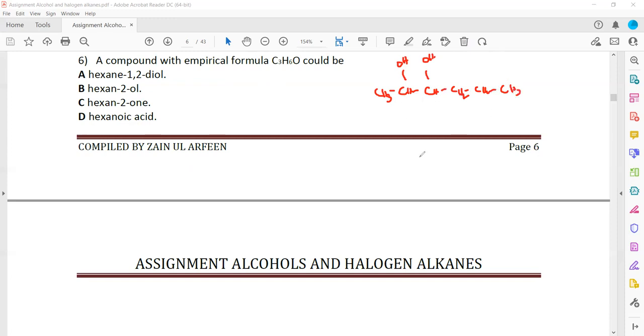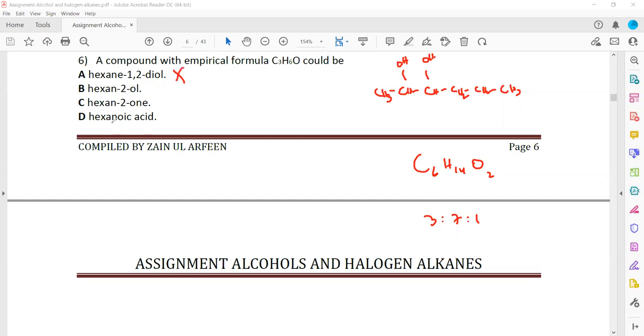So 6 carbon atoms are there, and 14 hydrogens, and two oxygen. So when we simplify, this will be 3, this will be 7 and this will be 1. So 3, 7, 1. So it is C3H7O. It cannot be option A.